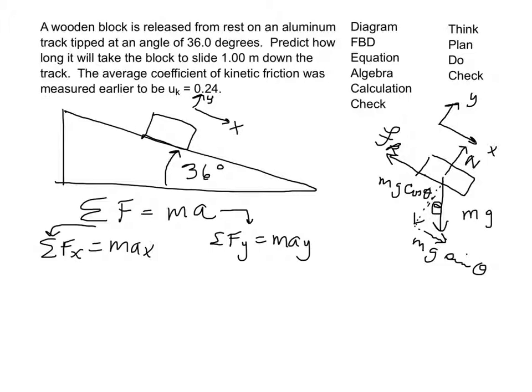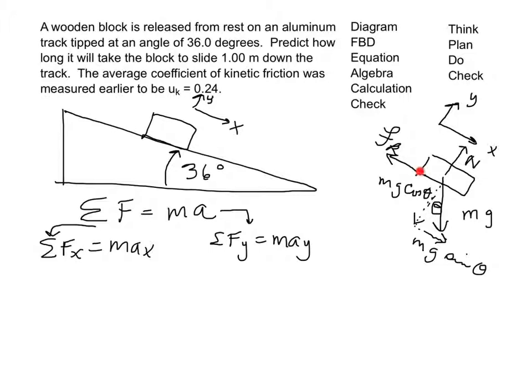Okay, if you're checking in, you should have done a diagram. And notice I put in my x and y coordinates, the angle, then I did a free body diagram. I took the block all by itself using the same coordinate system, lined up with the track surface, and put in all three forces.